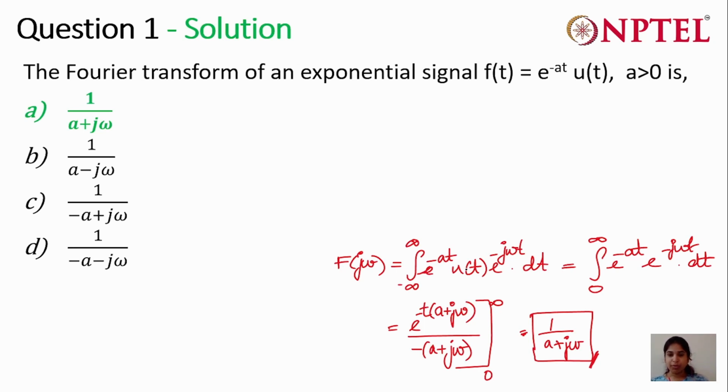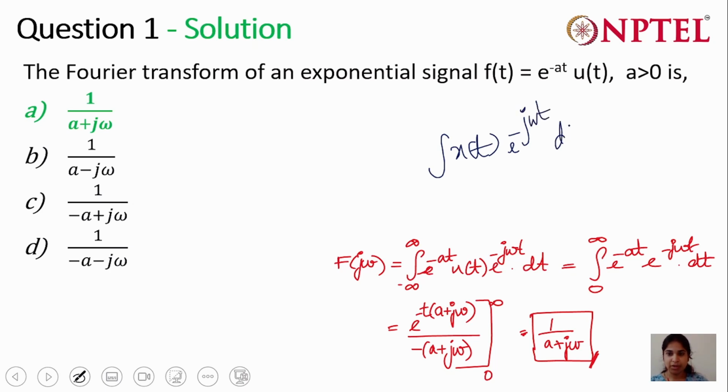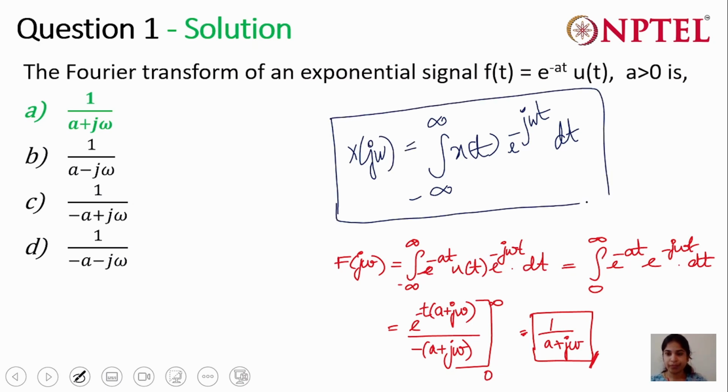So what is the formula to find the Fourier transform? Integral x of t e power minus j omega t dt, and your integral goes from minus infinity to infinity. So this is the formula for Fourier transform.